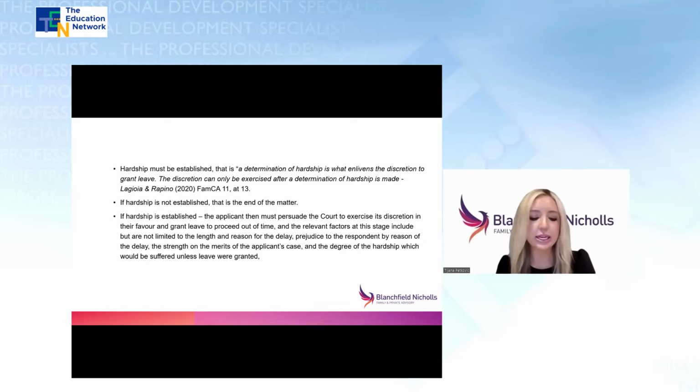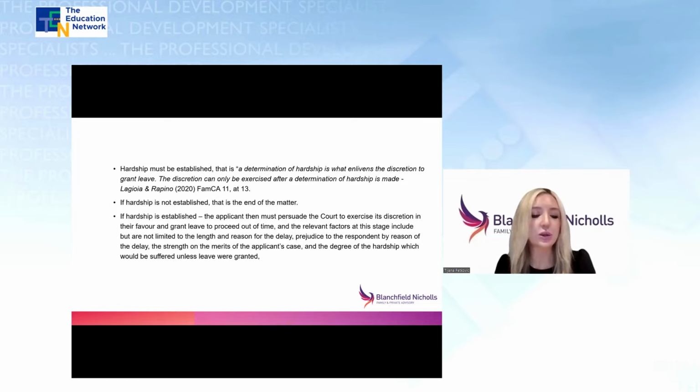In undertaking an assessment of hardship, the court is required to consider whether the applicant has established a prima facie claim. And fundamental to a finding of hardship is a determination of the quality or character of the potential claim. Basically, in the context of whether on the applicant's material, he or she has a reasonable claim to be heard by the court.